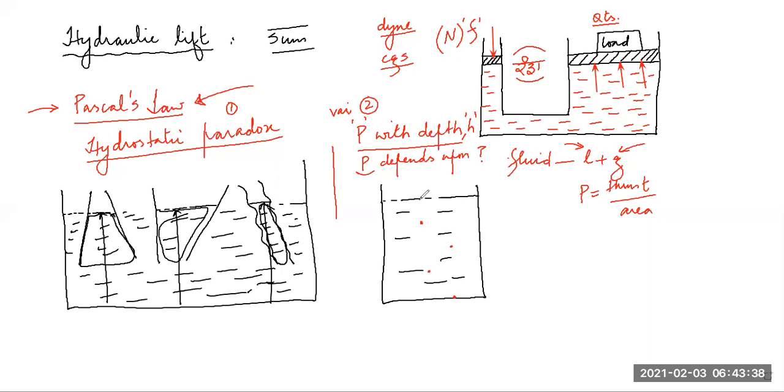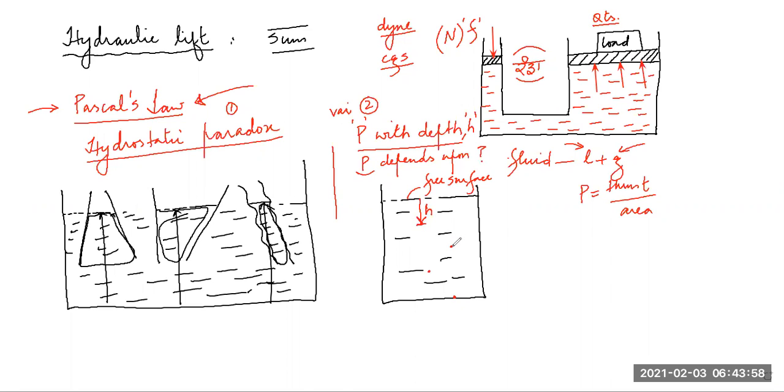Students, I only have to calculate what is the H, that is from the free surface. This is the free surface of the water. From the free surface, how much is the depth of water till this?